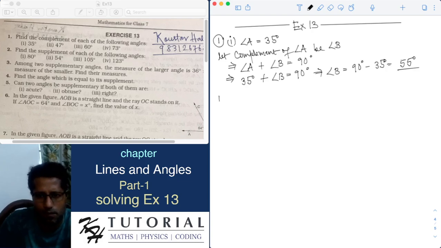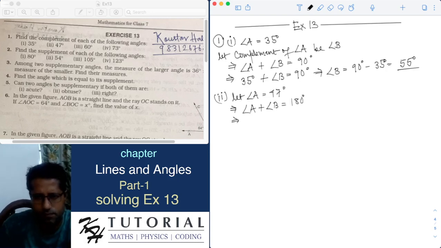Okay. So we have to find the complement of all the angles. For the rest of the problems, I'm not writing the solution in detail; I'm doing the solution in a more compact form. So let A equal the given angle 47 degrees, and I'm assuming that angle B is the complement of angle A. So we must have angle A plus angle B equals 180 degrees.